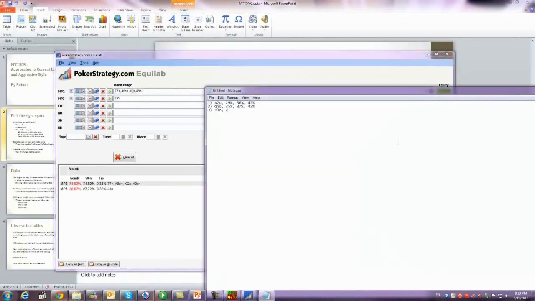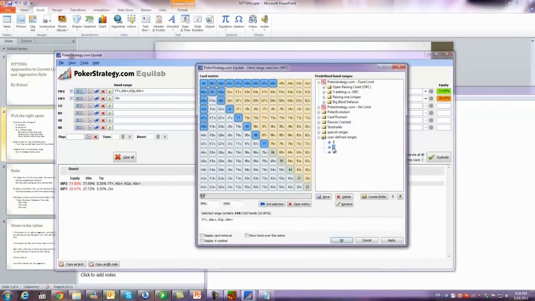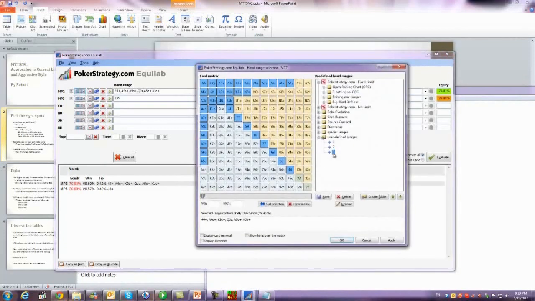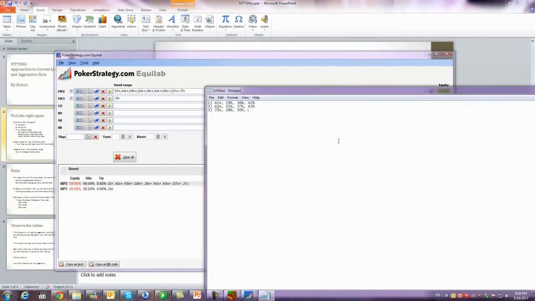Right, 28%. 30%. And 31%. So we can already see jack 3 off is really low sensitivity, but in a bad way.